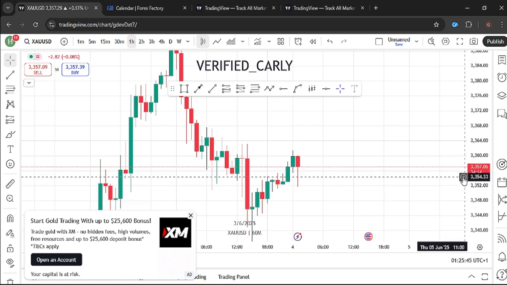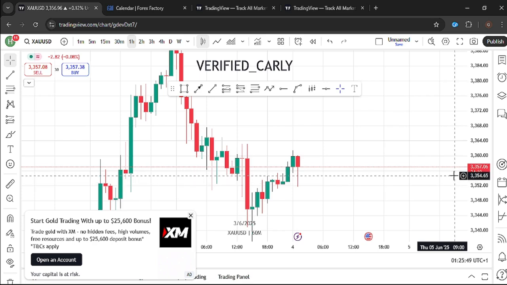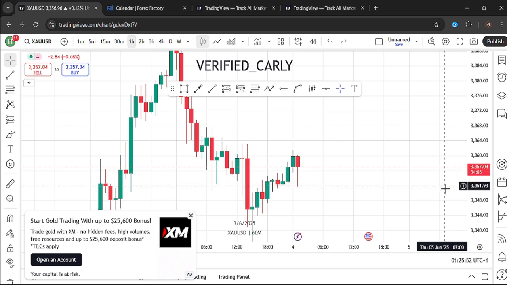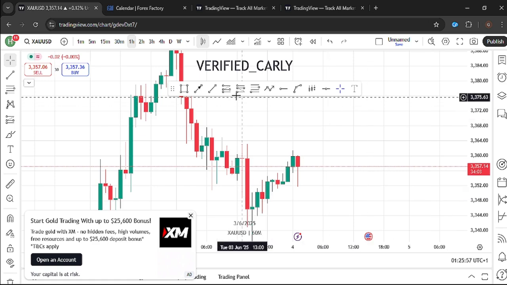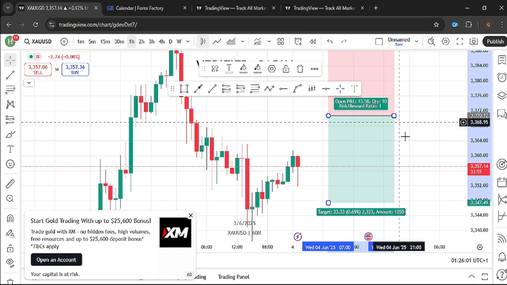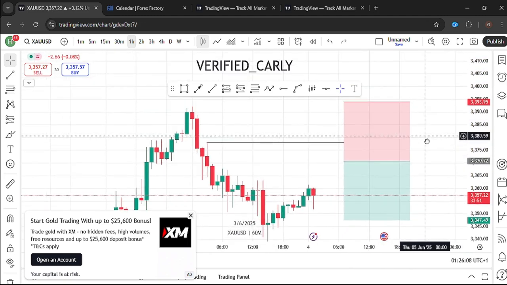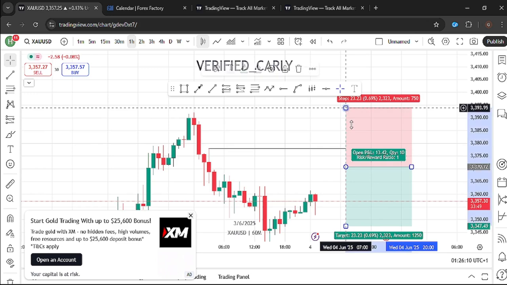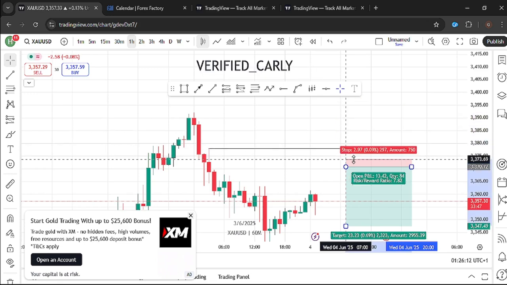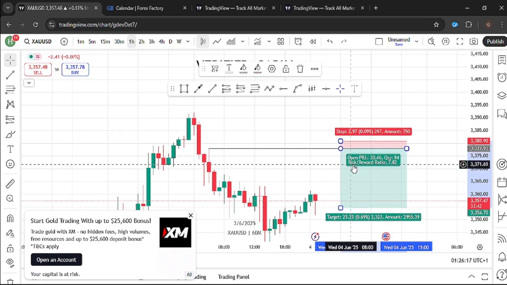Maybe the person gives you a different price, maybe it gave you a price that says 3368 like this, or maybe here now the price you see is 3370. You can just use your TradingView to arrange it, after you analyze, then look for that place that the person told you to enter on the chart.